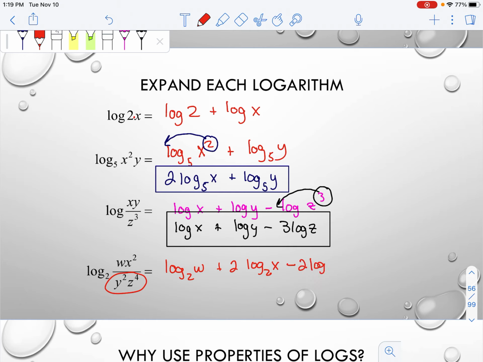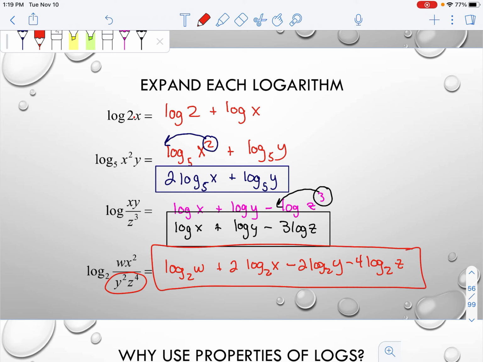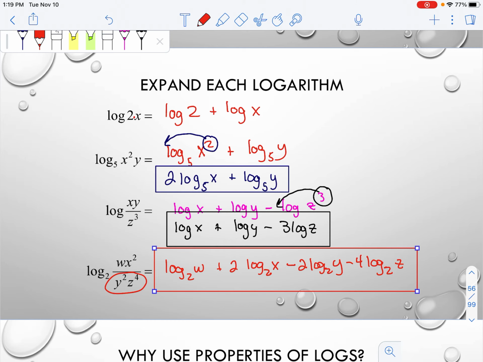So 2 log base 2 of y, same thing with the z to the 4th. Exponent becomes a coefficient and it's negative because it's still in the denominator. Log base 2 of z. So the better you get, you can combine those steps with the power rule, exponent to coefficient, coefficient to exponent.